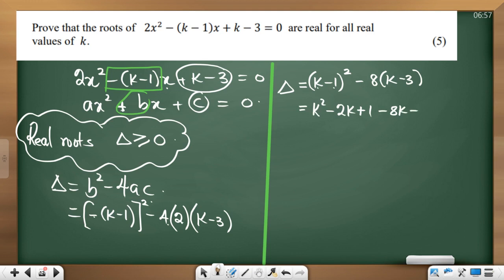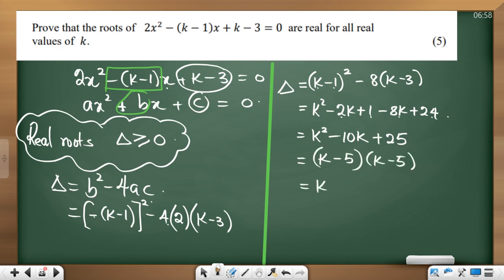And minus 8k plus 24. So what do we have? k squared, minus 10k, and 1 plus 24 would give me 25. Lovely. Let's factorize that. That will actually give me k plus, no, not k plus, k minus 5. Oh, so this is what? k minus 5 all squared.